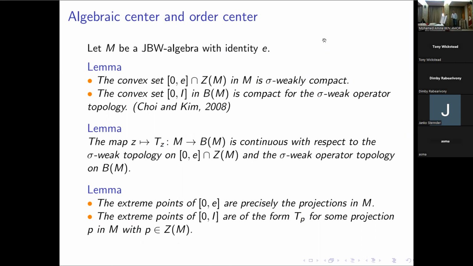And if we take an extreme point of this order interval in the space of operators, then they turn out to be multiplication operators for some projection that is in the center. So with the first thing, we can go from extreme points to projections. With the second thing, we can go from extreme points for the operator interval to projections. And the projections in the center will connect the two for the extreme points.